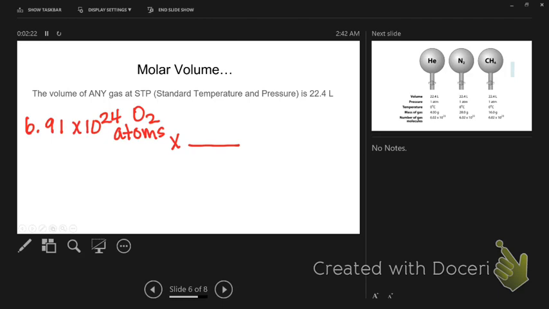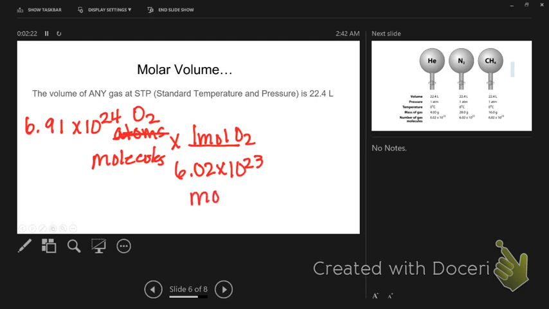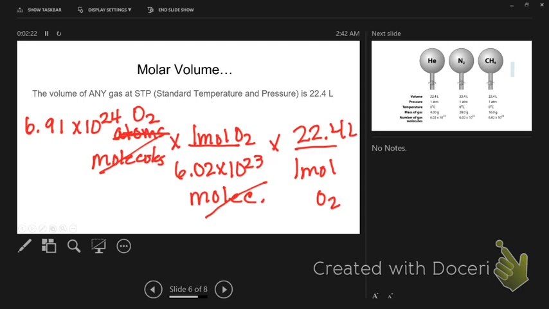So first we're going to change that to 1 mole of O2, 6.02 times 10 to the 23rd. And this is not atoms, this is molecules, right? Because O2 is diatomic, okay? So we'll put molecules there. So this cancels with that. And 1 mole of O2 has a volume of 22.4 liters.